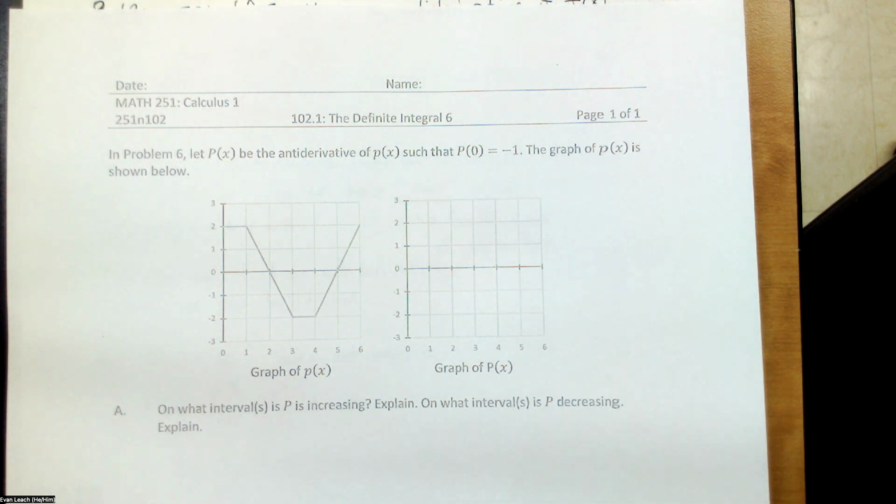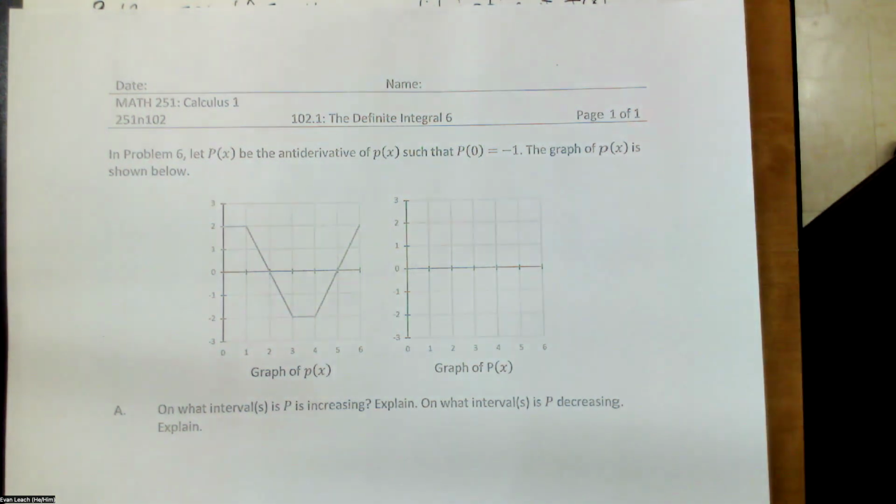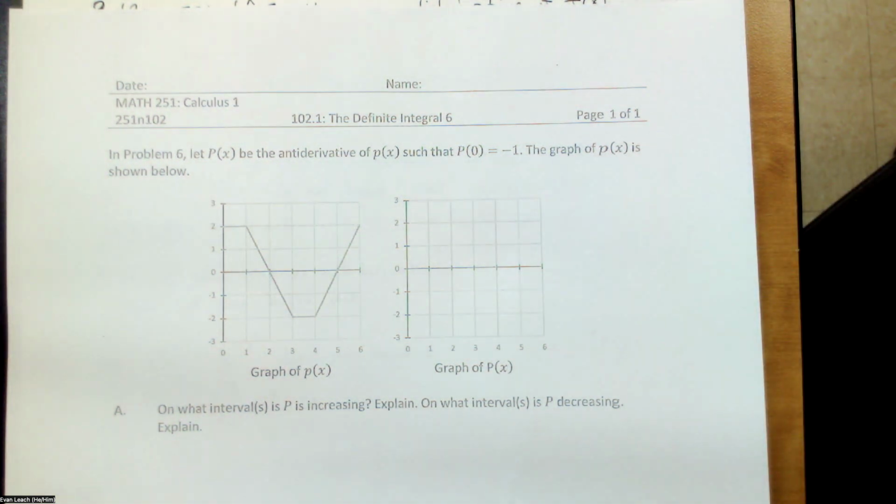All I did was flip this around the x-axis and the vertical line x equals 3. So it's just a slight variation, but I want you to read the intervals of increase, the intervals of concavity. Remember that the graph that you're looking at is the derivative of the function we're interested in.